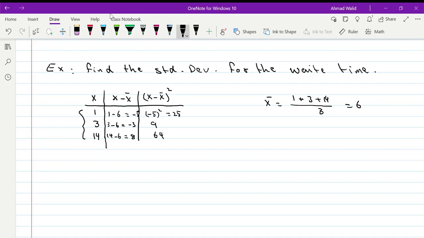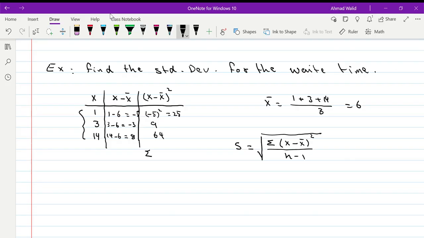Correct? After you are done with this part, because your formula is designed this way, you see the formula that you have in method 1, or in using formula 1. Your formula is s equals the square root of sum of x minus x bar squared over n minus 1. I need the sum of these.